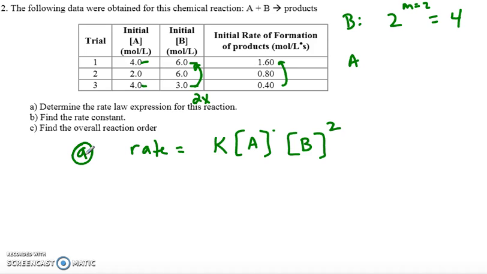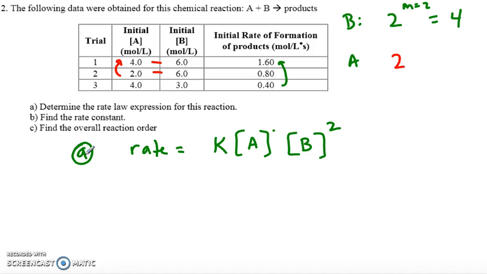Okay? So now let's take a look at reactant A. To see the effect of reactant A, we have to find 2 trials where reactant B is constant. Here I see trials 1 and 2 where B is constant. So let's take a look and see what's going on with A and how it affects the overall rate. If I go from trial 2 up to trial 1, I see that there is a doubling happening from 2 to 4.